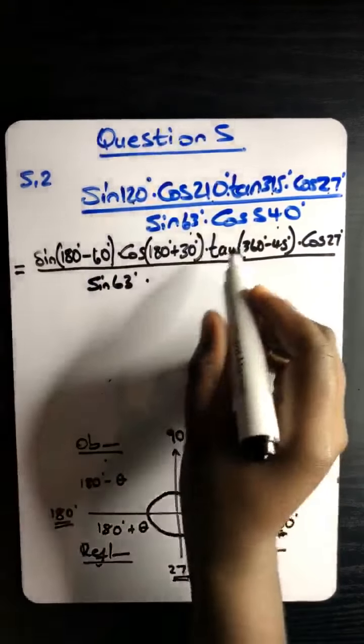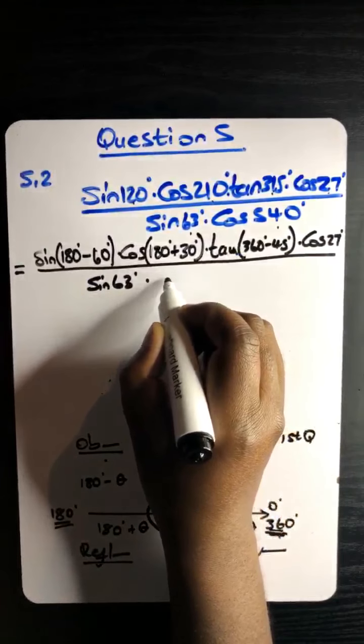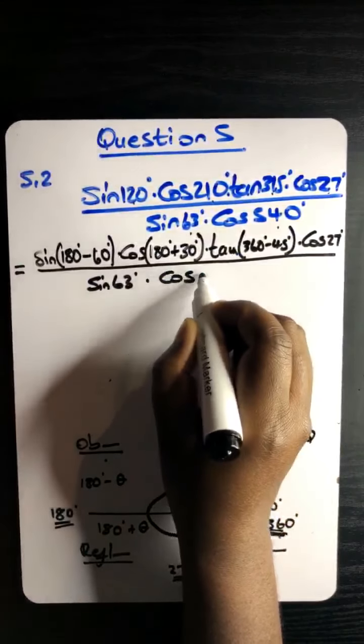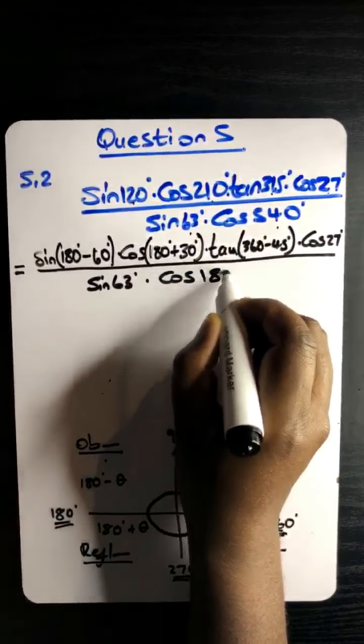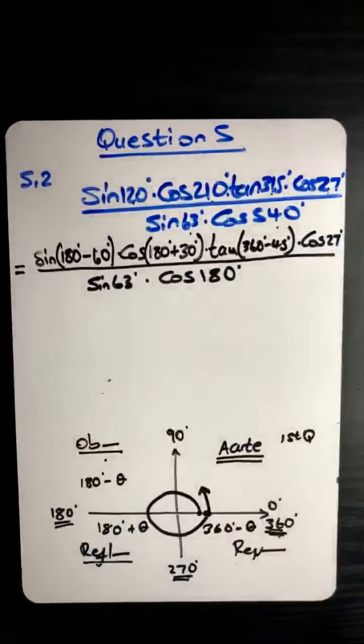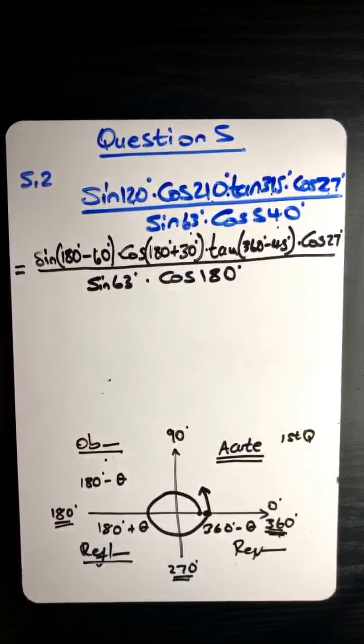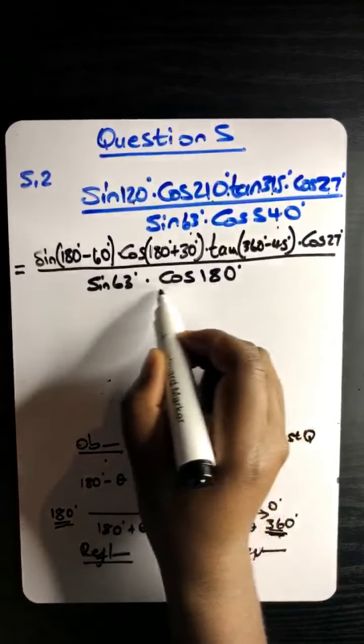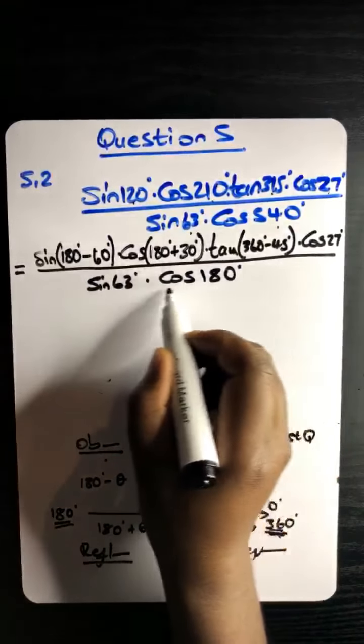So that means this thing is actually the same as cos of 180 degrees. Is there someone who's got a different explanation to this?